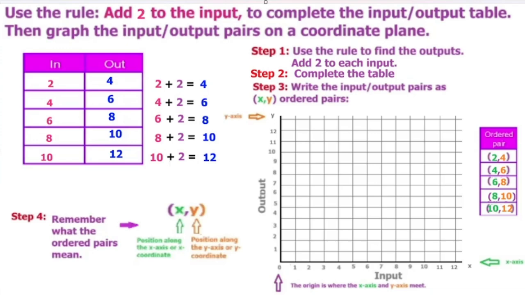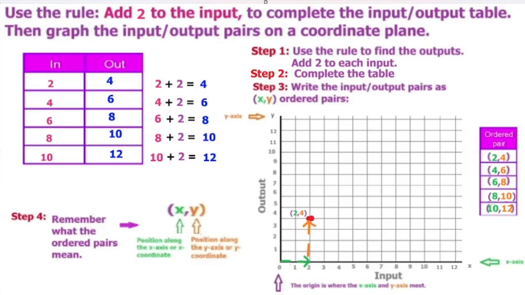So now let's start plotting. If we take the first pair, 2, 4, we go across 2 on the x-axis and then up 4 on the y-axis, right? So we're 2 here and then 4 here, and this is 2, 4.